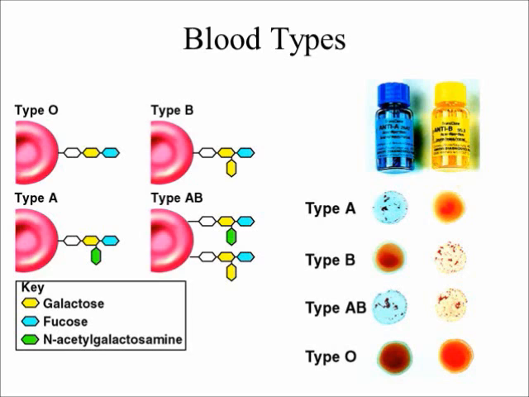Now, the main thing to remember is this. If you have, let's say, type A blood, you have this carbohydrate chain attached to the surface of your red blood cells. If you have type B, you have a different type. By the colors here, you can tell they're just different. If you have type AB, you have a combination of both.